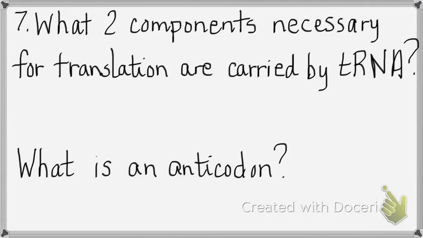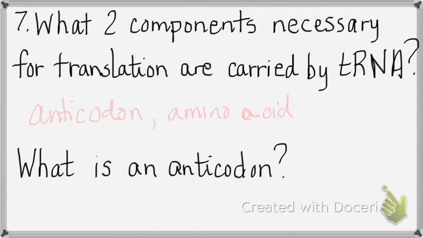I need 2 things on the tRNA that help do translation. The anticodon is one, and the amino acid is the other. It's an A.